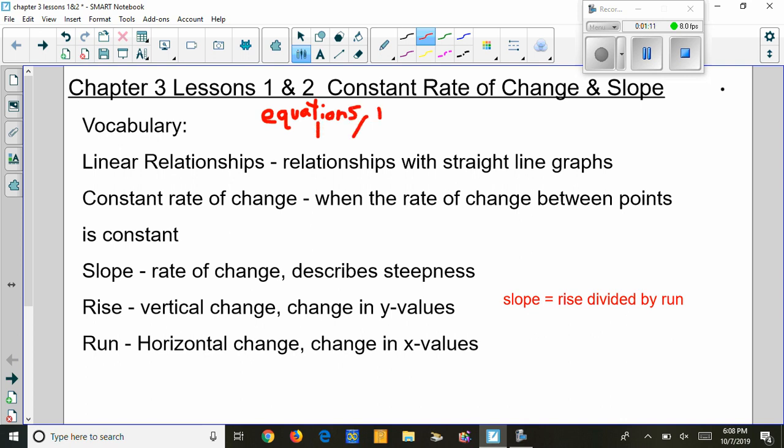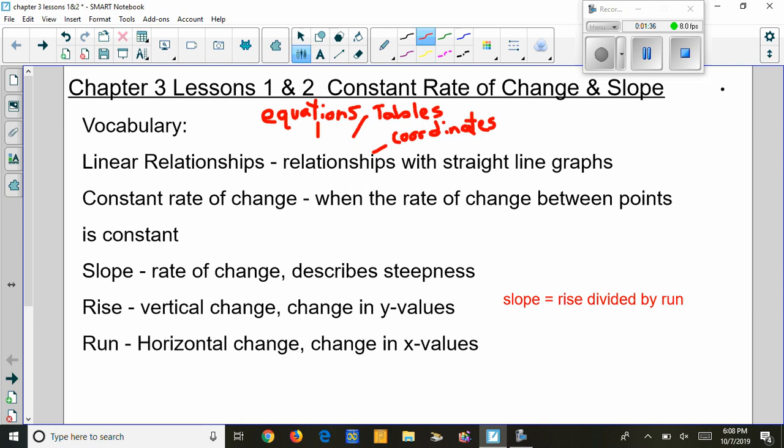You will see tables of numbers. And you're going to have coordinates on a graph. Those will be our relationships that we're going to analyze and decide whether they are straight lines or not.